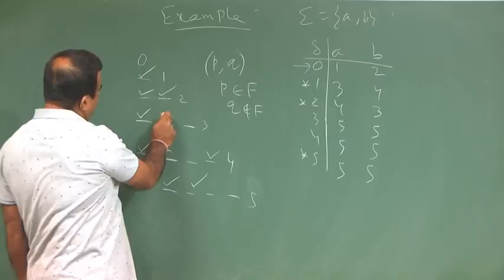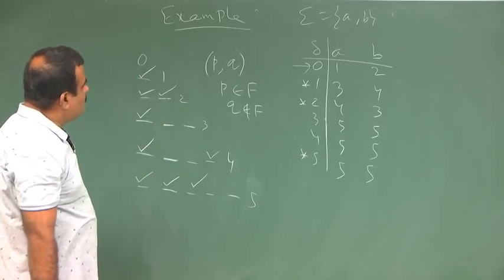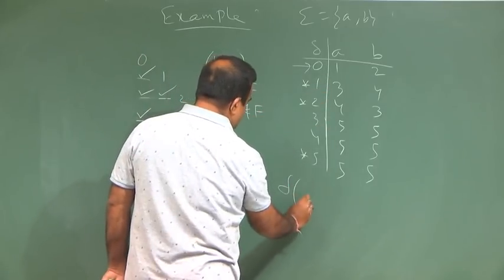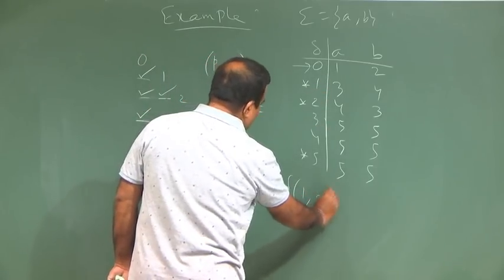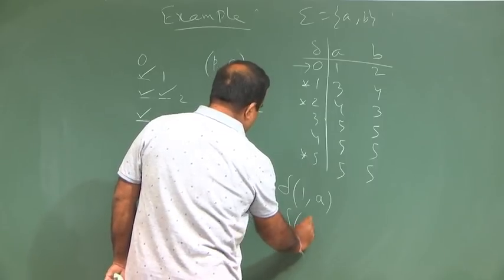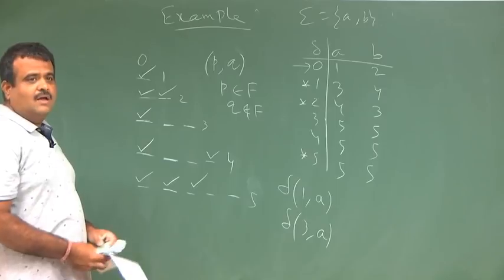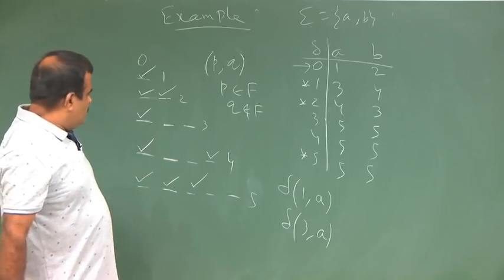Now, this one, this is 1 3. For 1 3 what do we check? We check delta of 1, a and delta of 3, a for any a. If we have at least one a which is going to a marked pair, then we will mark it.